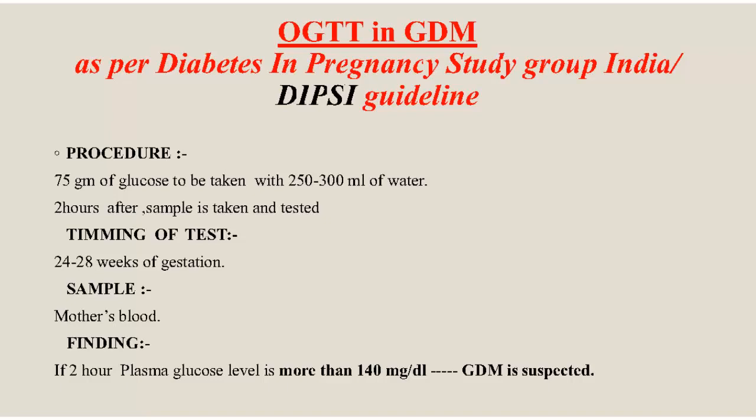You may find in Google many other guidelines available internationally, but these are different from the DIPSI guidelines. Don't mix the DIPSI guideline with them, because it is practiced widely in India and you are supposed to appear for the first professional MBBS exam in India, not in UK, not in US. So don't mix up their guidelines with the DIPSI guideline. Learn by heart this DIPSI guideline only in India.